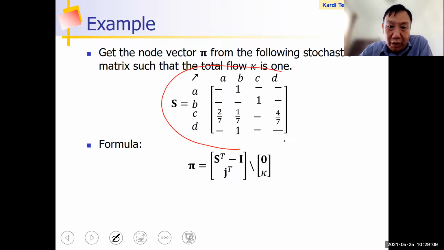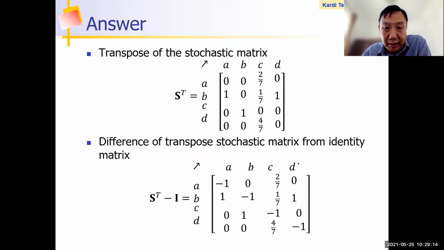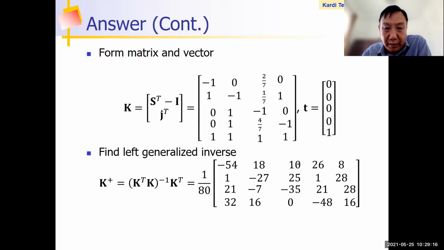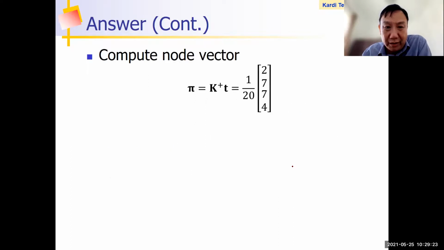If you have this stochastic matrix, you calculate, and you basically get the generalized inverse, like what you did last time.